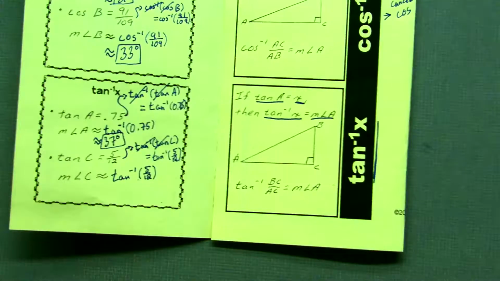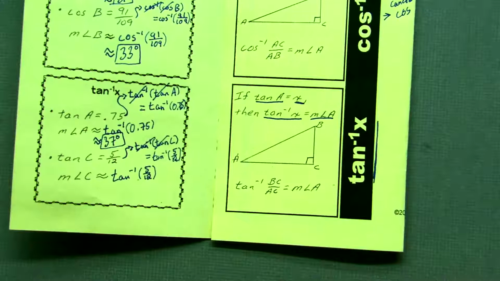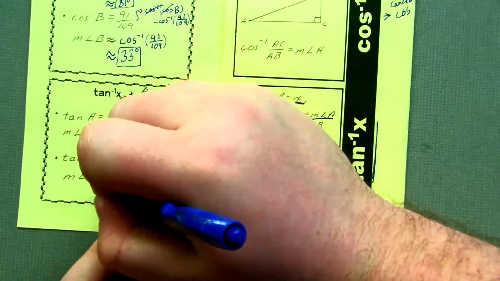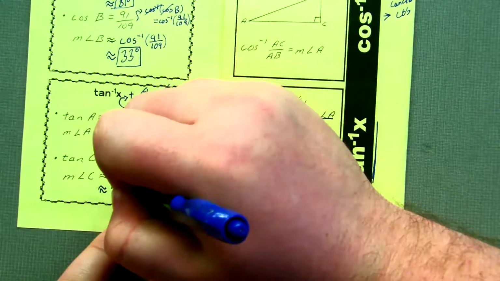And what do we get when we put that into the calculator? Yeah, very nice. So when we plug that into the calculator, we get approximately 23 degrees.